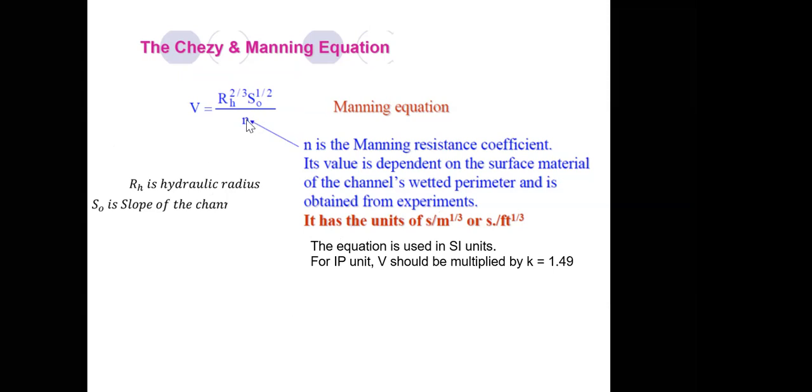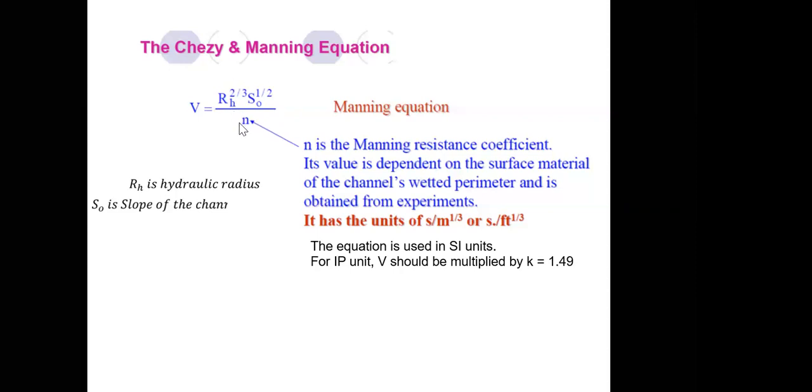The N value depends on the surface condition of the channel. So this is the Manning resistance coefficient, and it depends on the surface material of the channels, and is obtained from experiments. The unique thing is this was actually developed for SI units, and it's actually dimensional, so it's not a non-dimensional N value. Since it has been used extensively, we don't change the equations.